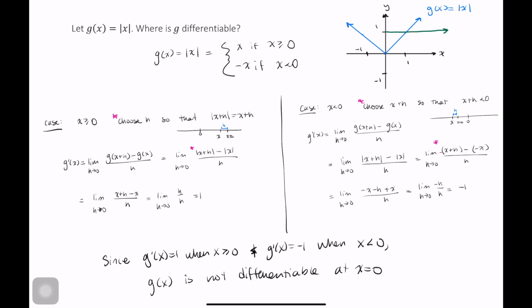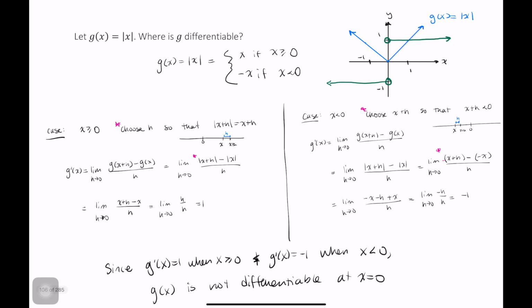Okay, and when x is less than 0, we realize that its derivative is equal to negative 1. Now, at 0, this is not differentiable because what's its derivative going to be? Positive 1 or negative 1? So its graph will have these open dots here. The graph of the derivative, that is y equals g prime of x.